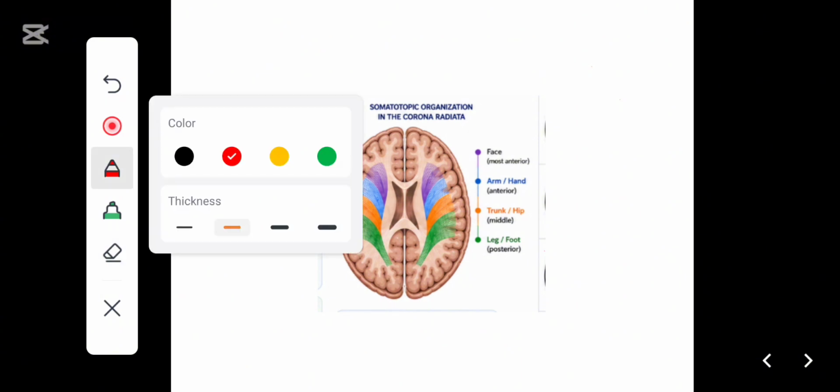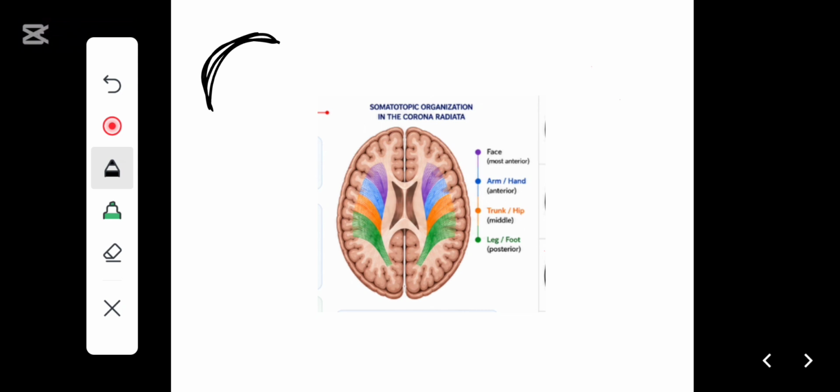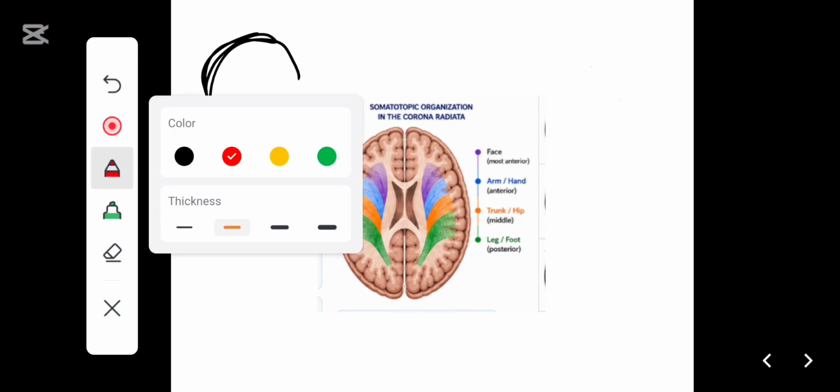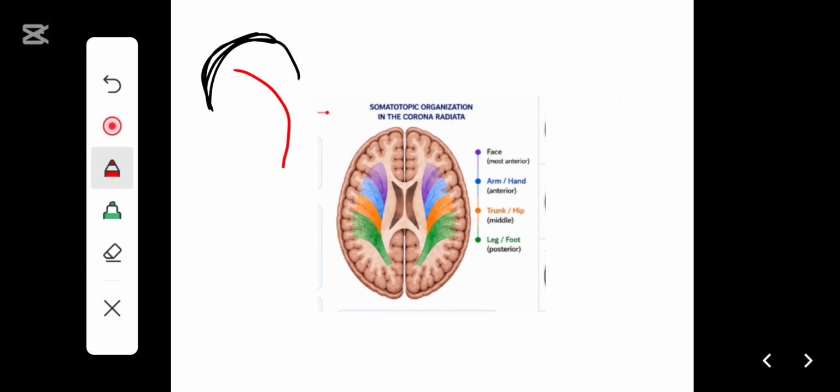If this is your cortex, the fibers are going to come down here, reach the midbrain, the pons, and the medulla, and then go to the different nuclei of various cranial nerves.